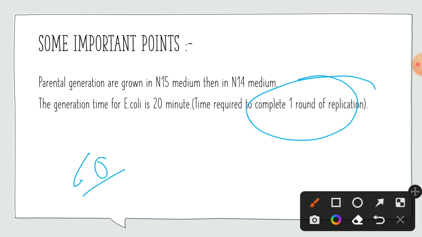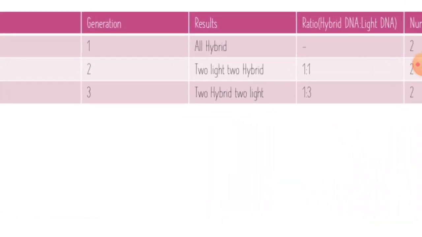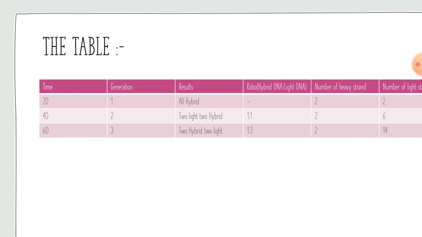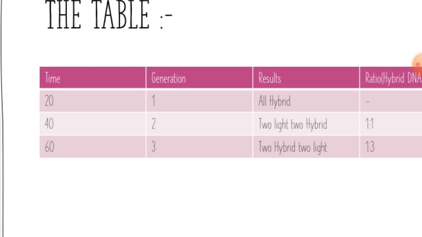Okay, that simply means they want to know from you what will be the result after the third round of replication. So you have to be very clear that the generation time for E. coli is 20 minutes. Now here I have provided a chart that will help you to remember what the result will be.